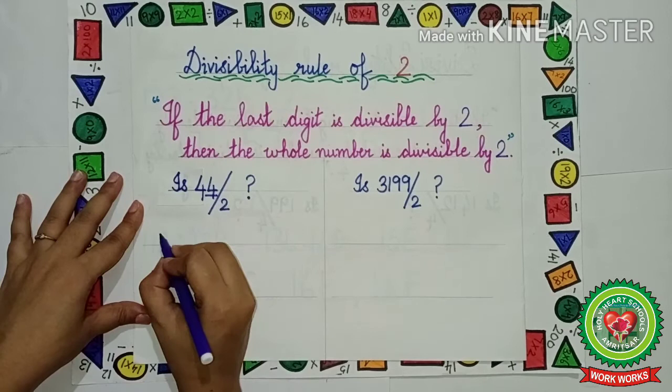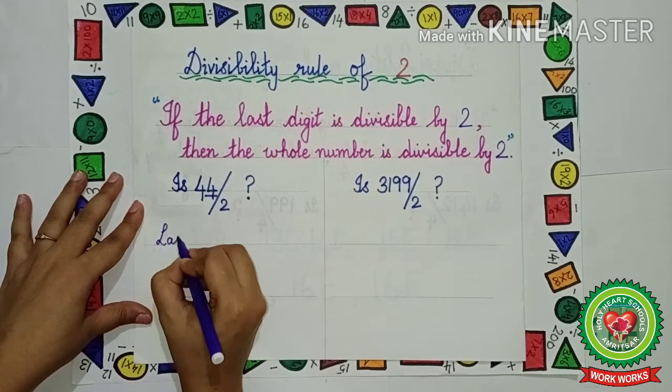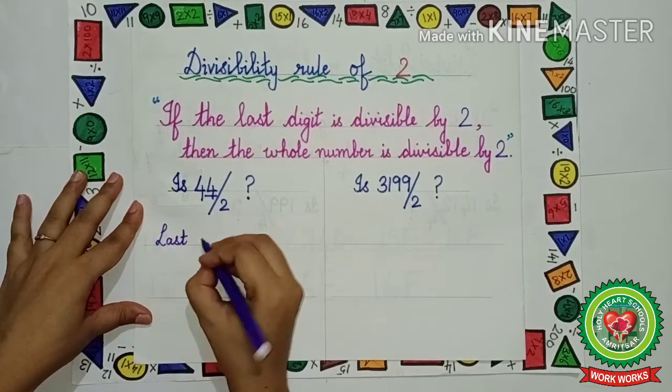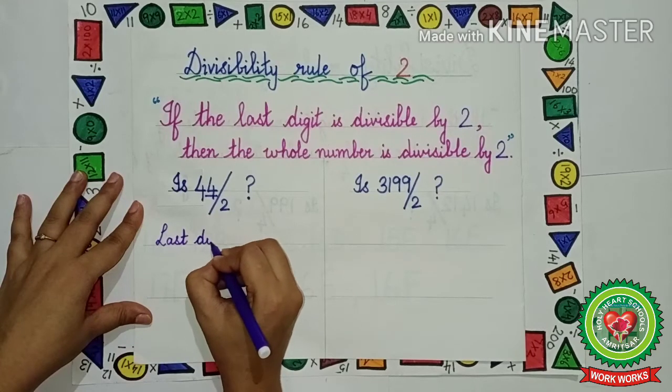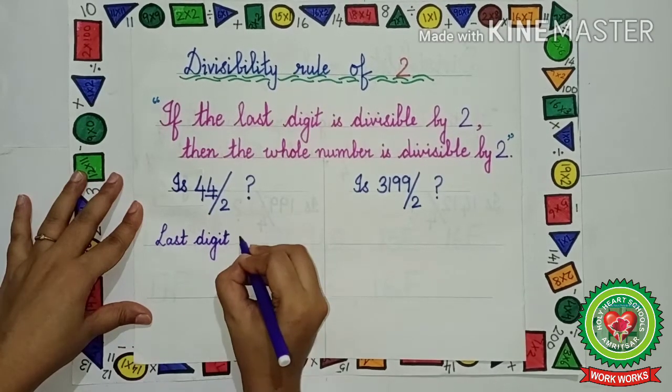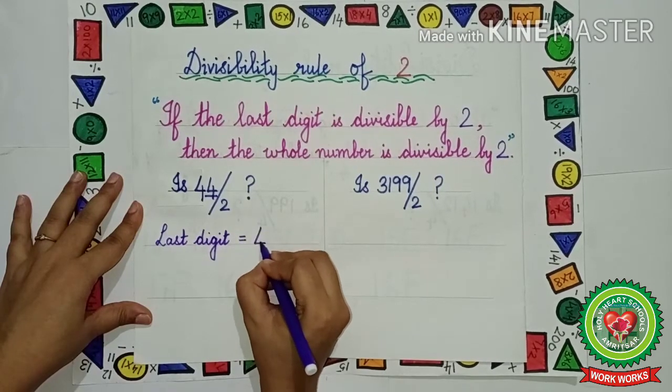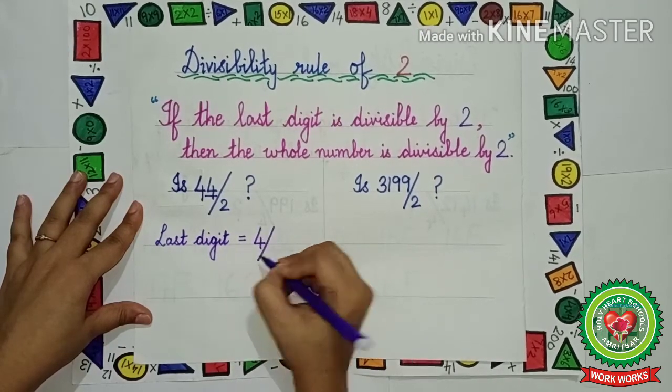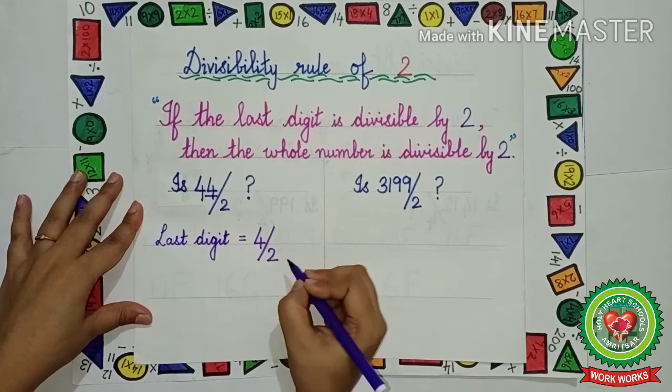That means last digit, which is equal to 4, is divisible by 2.